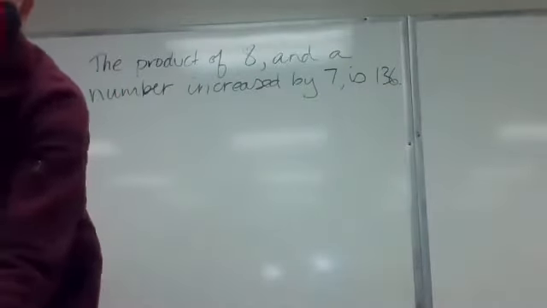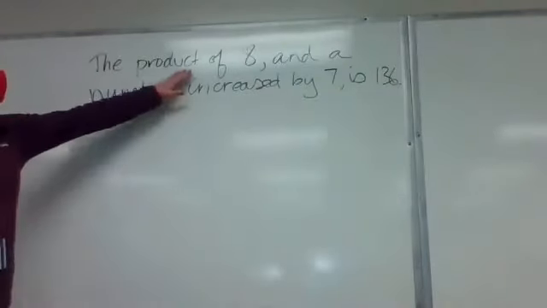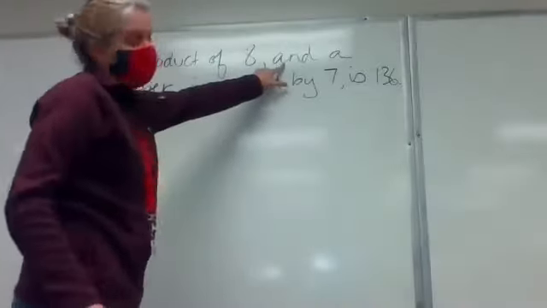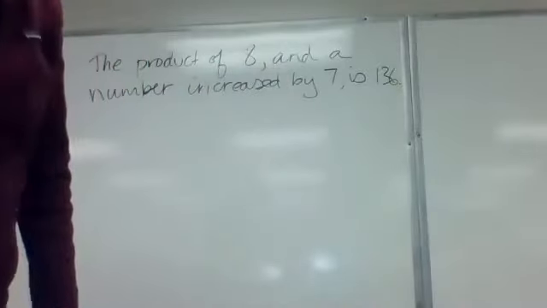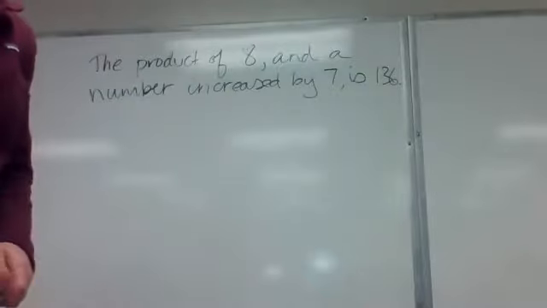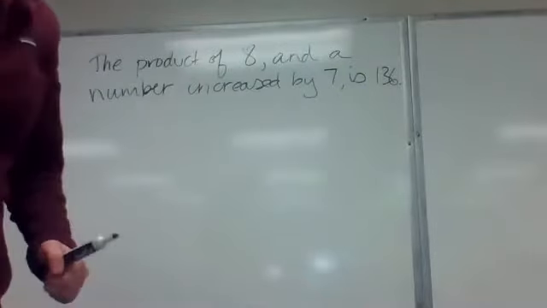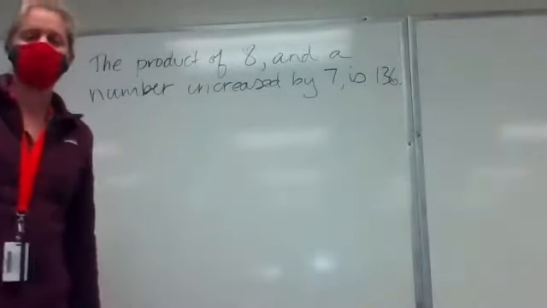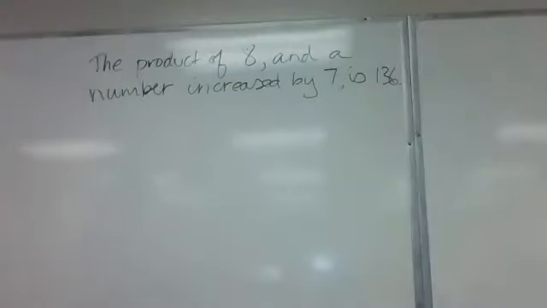So the first thing we're going to do, again, the product of 8 and a number increased by 7 is 136. So the first thing we're going to do is find where our equal symbol should go, and then we will build up either side of that equal sign. So let's look for the word that means equals.